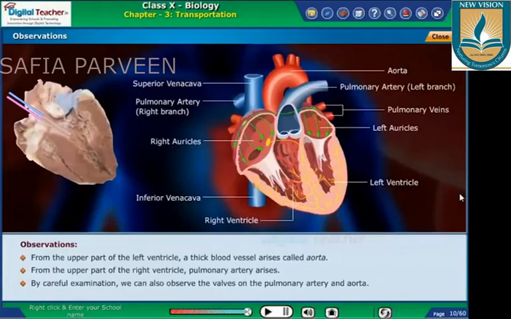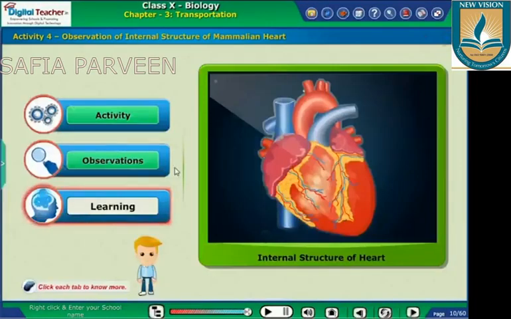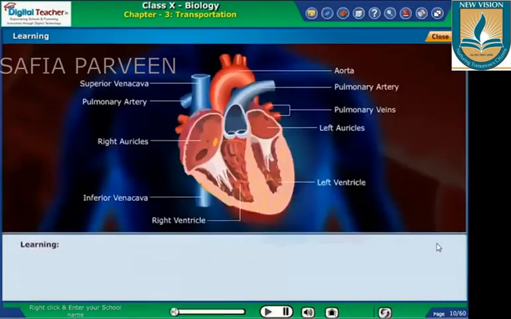Now let us see what we have learned by observing this heart's structure. We can also see that the heart is covered by a double membrane envelope called the pericardial membrane.